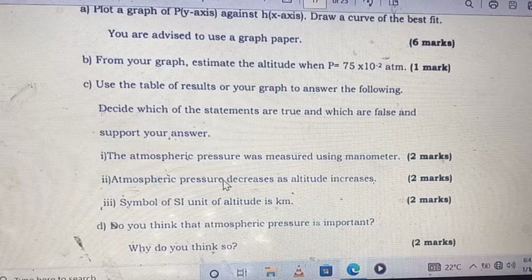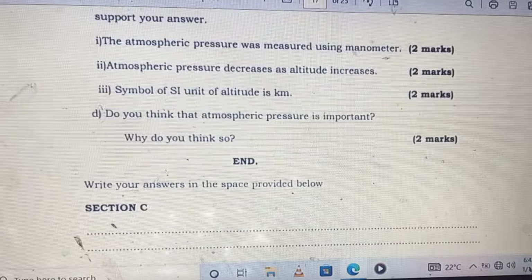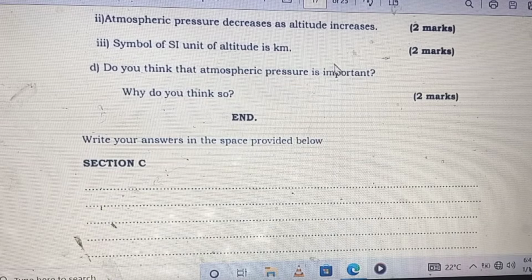I2, atmospheric pressure decreases as altitude increases. I3, symbol of SI, unity of altitude is kilometer. D, do you think that atmospheric pressure is important? Why do you think so? Write answer in space provided below.